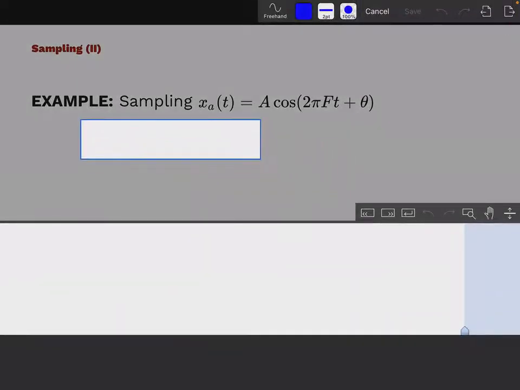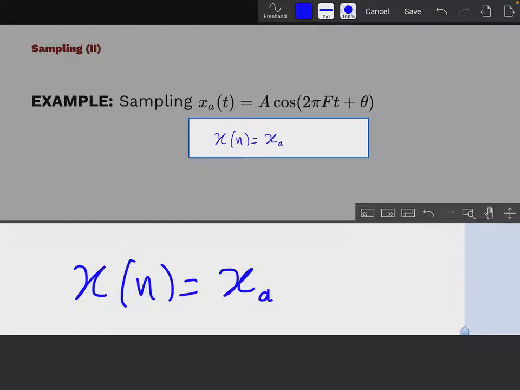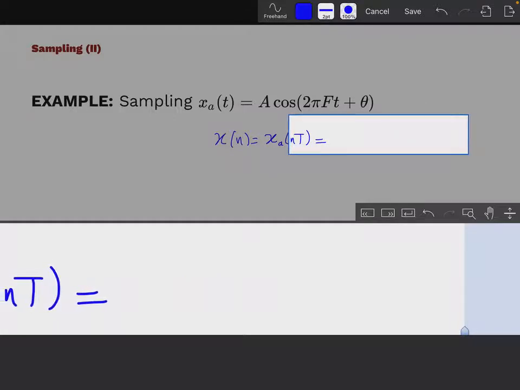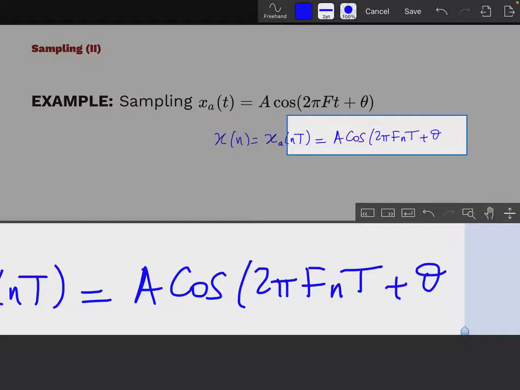So x of n is equal to xa of nT, which is equal to A cosine 2 pi f nT plus theta, right? Nothing else changes. We just substitute nT for lowercase t, that is our time variable.